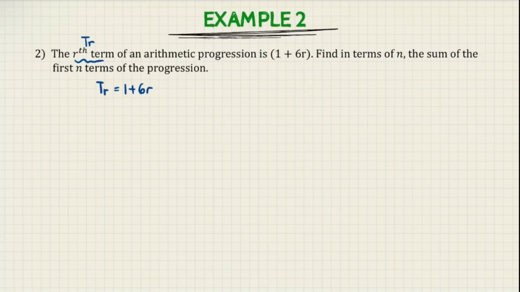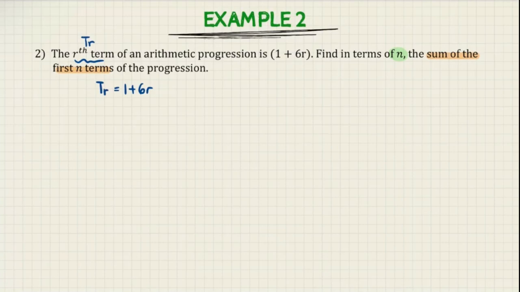Find in terms of n. So dia nak jawapan kita dalam sebutan n. The sum of the first n terms. Okay, so ini ayat yang seterusnya. Sum of first n terms, dia minta kita tulis dalam n. Okay, so daripada r kita nak ubah dia kepada n.